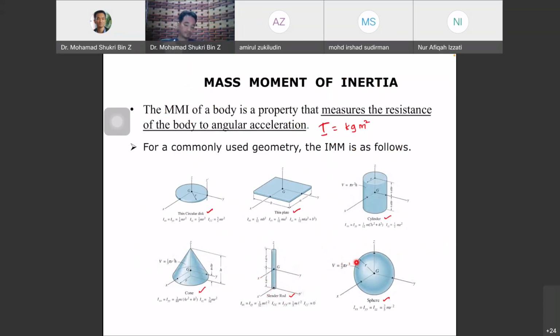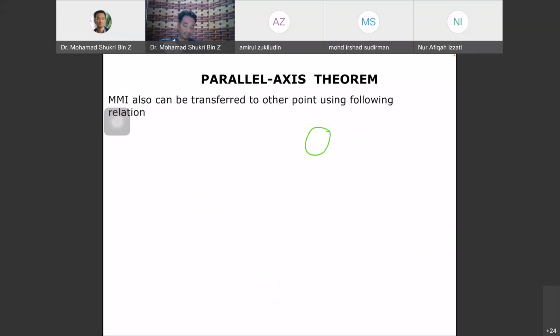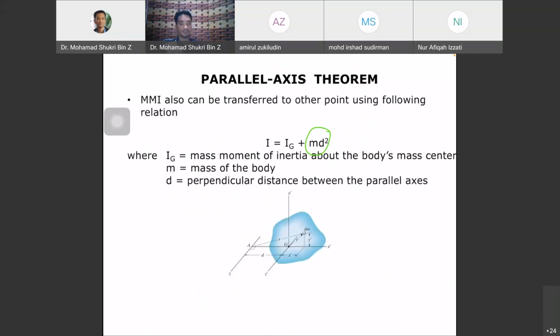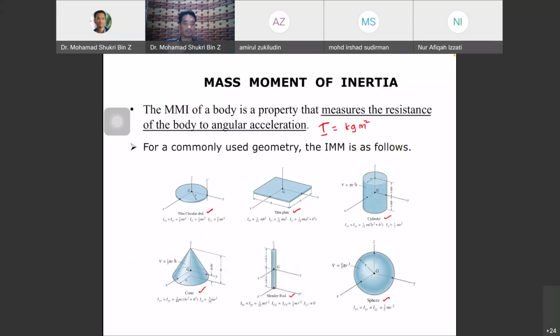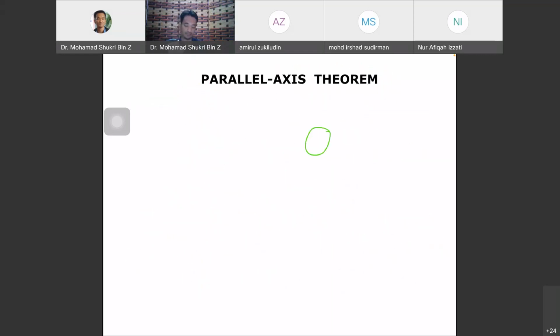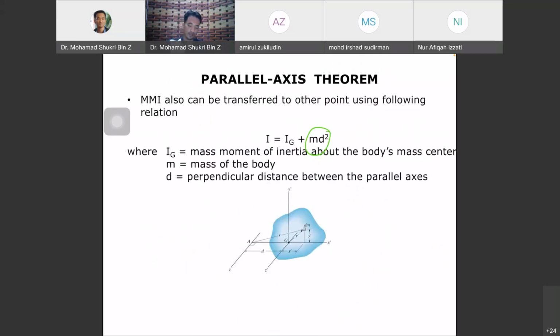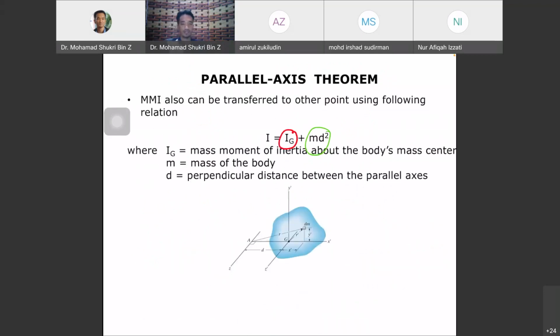This is how you transfer or relocate the mass moment of inertia from gravity to another location. The values provided in the appendix are all at the location of gravity. So if you want to transfer to other locations, we need to use the parallel axis theorem. Just use IG plus MR squared, or MD squared.